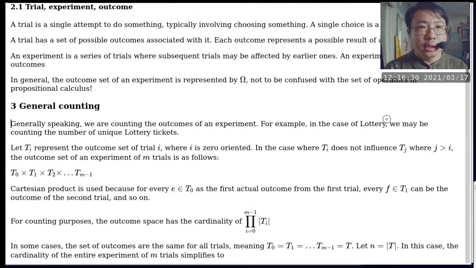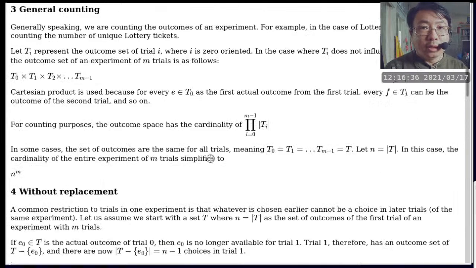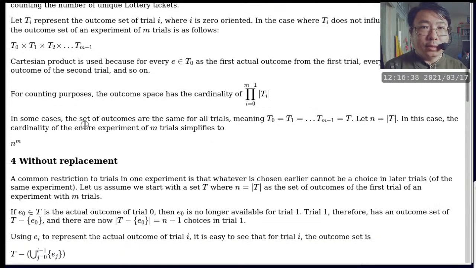Okay, so looks like we don't have any questions at this point, so I'm just going to move on. In some cases, the set of outcomes are the same for all trials, meaning that T0 and T1 all the way up, they're all the same. So that way, we can actually simplify quite a bit.